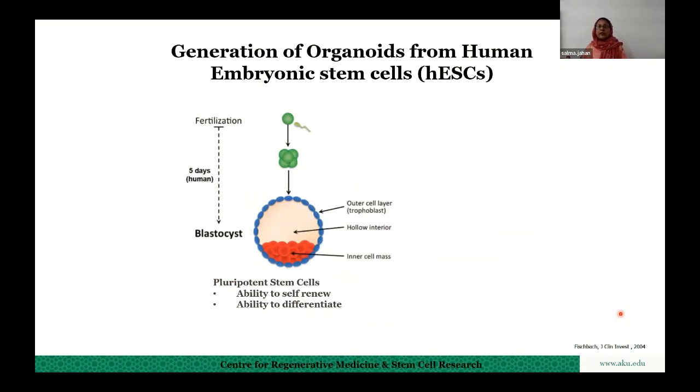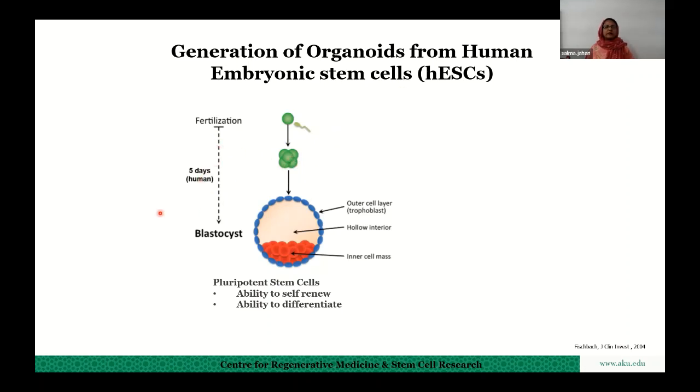The embryonic stem cells actually come in. This is a cartoon I'm showing for people who may be interested in understanding where embryonic stem cells come from, and they are the pluripotent stem cells. You see, this is the egg. It starts developing after fertilization.